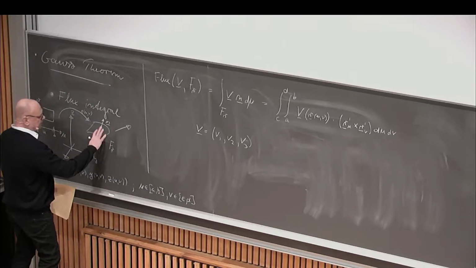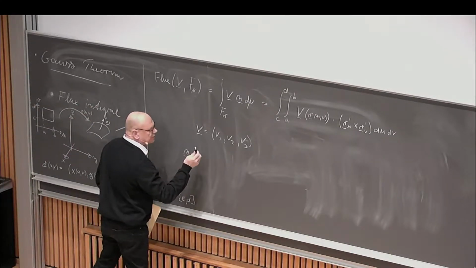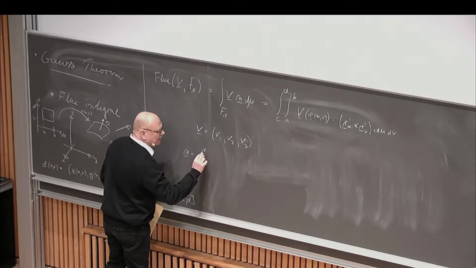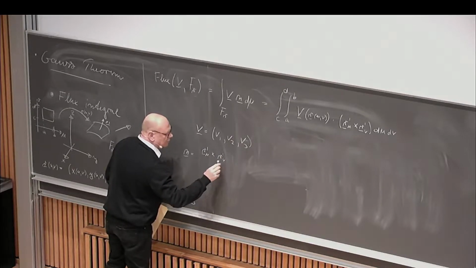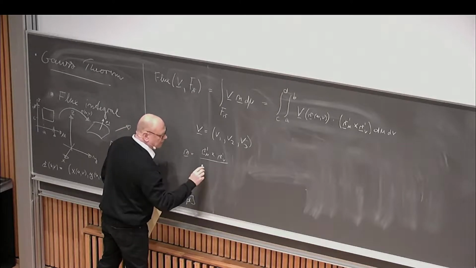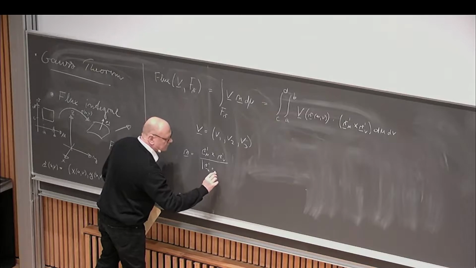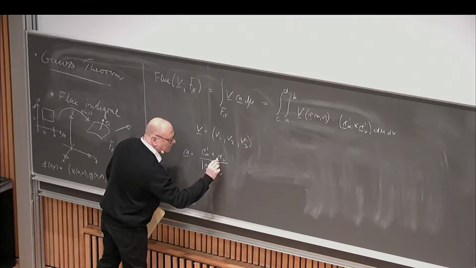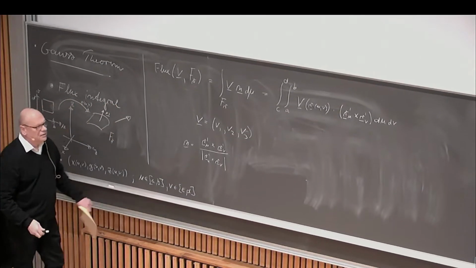The normal vector you use here is a unit normal vector, and this is given as this cross product, and being a unit vector, you simply divide it by the length of this vector, like this.